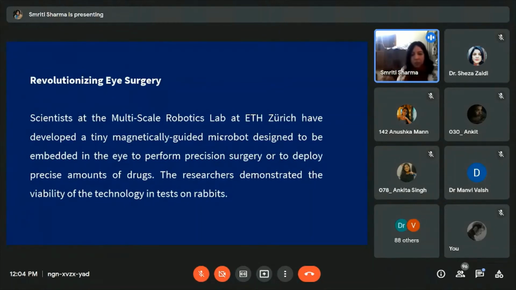The surgeon controls it from a laptop, and the microbot or nanobot can perform precision surgery. They want to patent it. They have done it on rabbits. Hopefully it will be commercialized after doing certain tests for humans also.